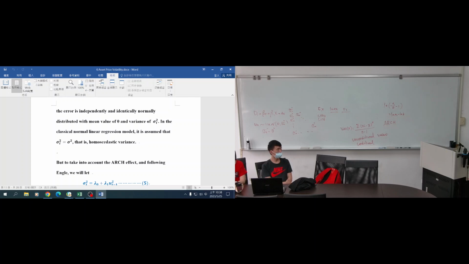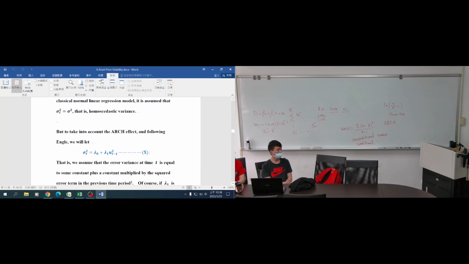Okay, but if it is not a constant variance, then the model can be considered like this one. So this one is based on the previous u squared t minus 1.